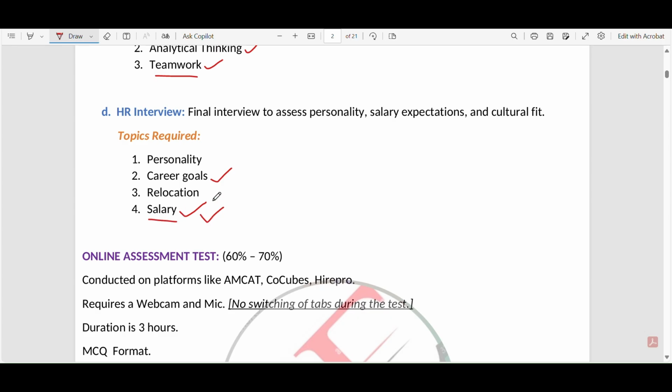There is only a 5 to 10% chance of getting the salary expectations question, but relocation will be 100%. They will ask you a relocation question. If you are from Hyderabad and you are given a location in Chennai, can you travel there?